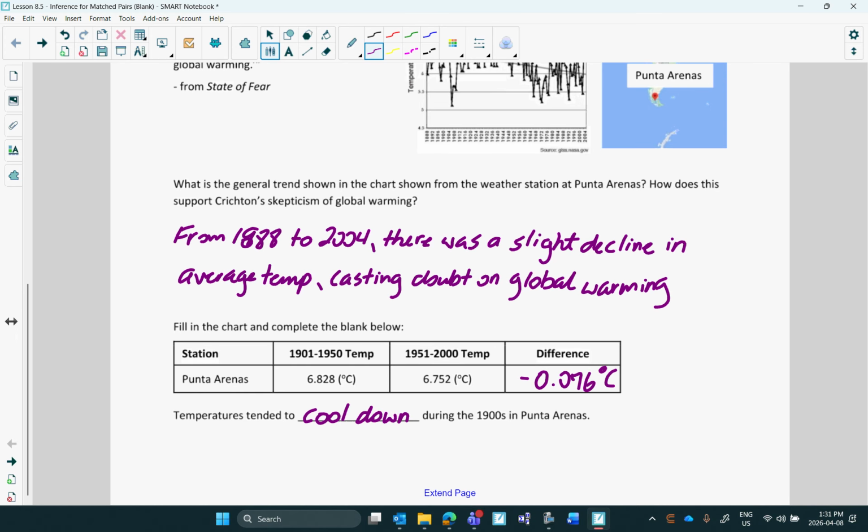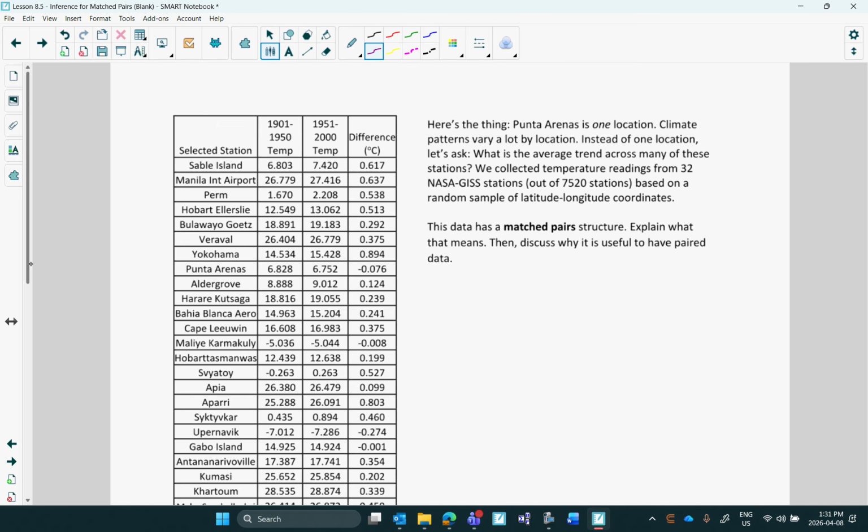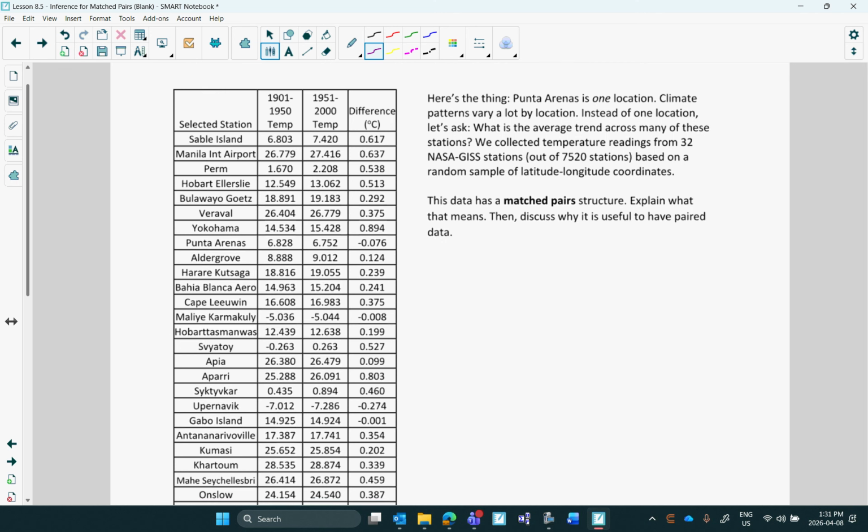That's exactly what happened. So instead of one location, what's the average trend across many stations? Out of over 7,500 stations across the world, we randomly sampled 32 of them.